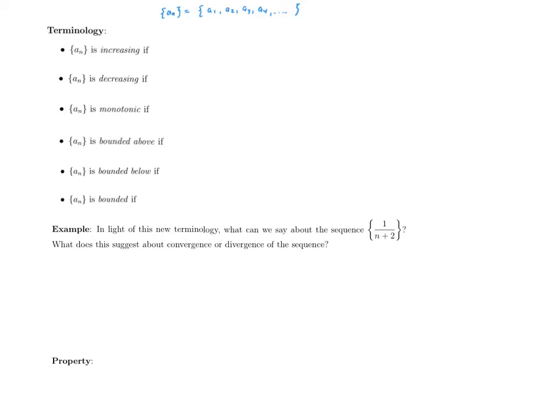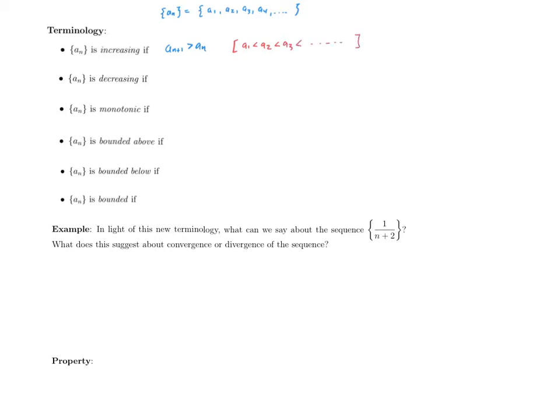Well, as you go from one number to the next, they just keep getting bigger. So I'm going to go ahead and write this generally and just say, if a sub n plus 1 is always bigger than a sub n, and this is for all possible values of n.